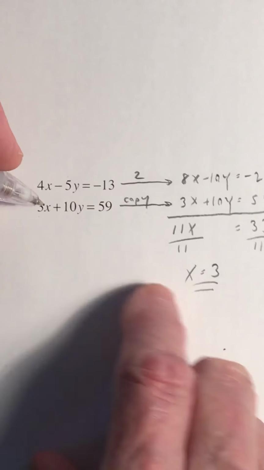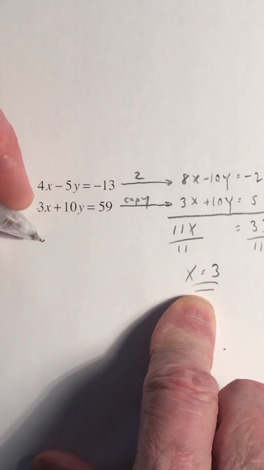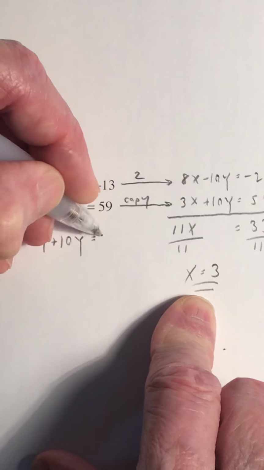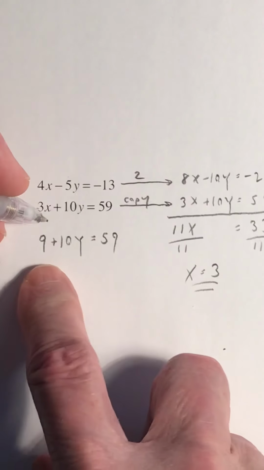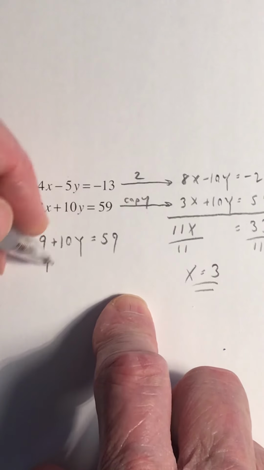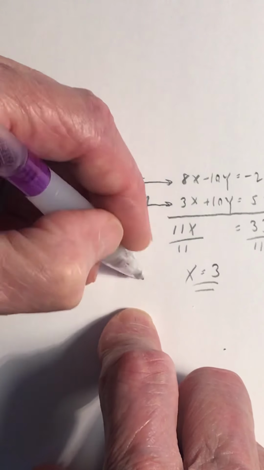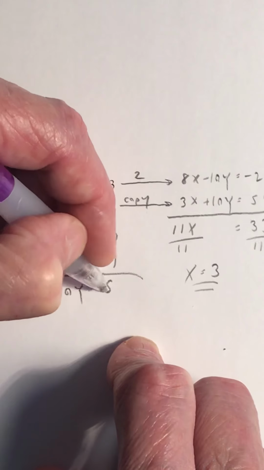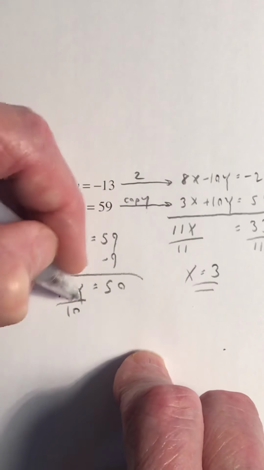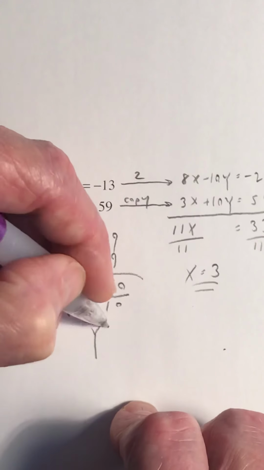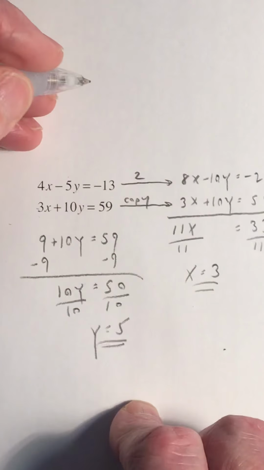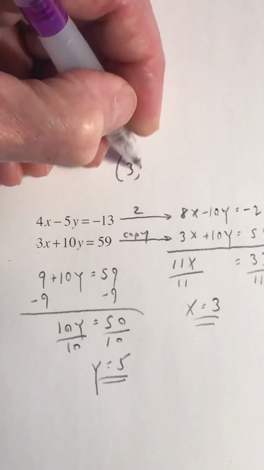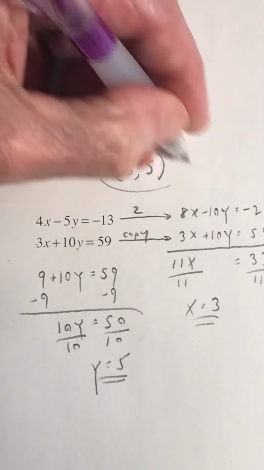So 3 times 3 would be 9. 9 plus 10y equals 59. Take away 9 from both sides. Then we have 10y equals 50. And lastly, divide by 10. We get y equals 5. Final solution here is 3 for x, 5 for y.